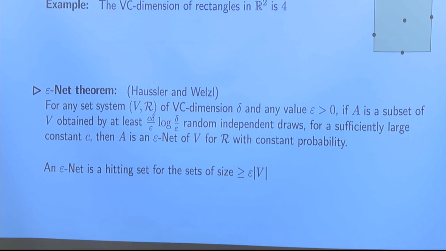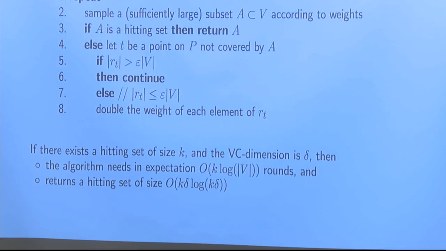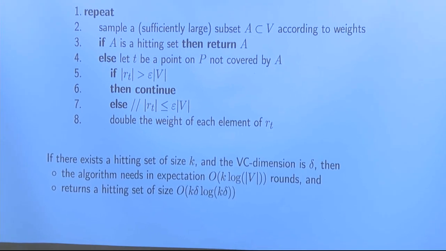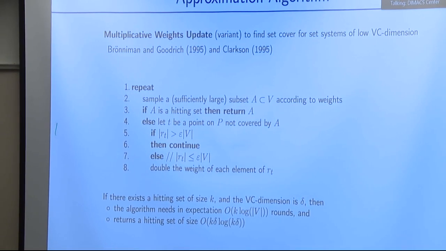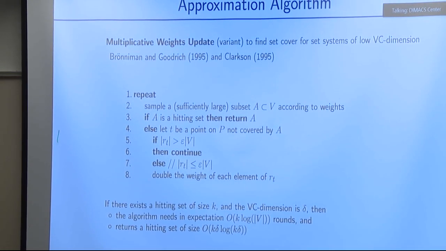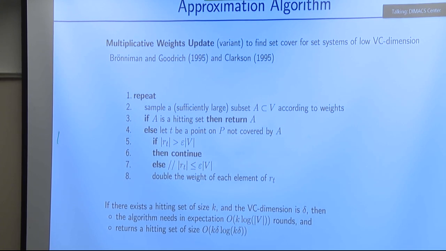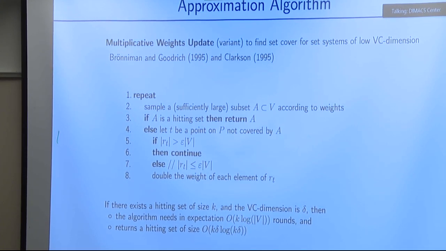And there's an algorithm, basically a multiplicative weights update algorithm or a variant of it, that solves the hitting set problem. Maybe it doesn't have so much to do with epsilon nets per se, but we can combine the two to get a hitting set algorithm that gives us a log k approximation, where k is the optimal size of the hitting set.